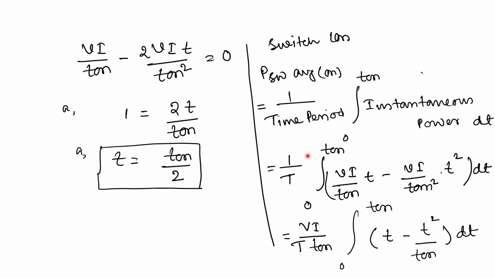So 1 by capital T, the total time period, which means the on time period and the off time period of the switching operation. The integration limit is 0 to t on, and you put the previous value of P switching into dt. Take out the common part, and the rest is here.